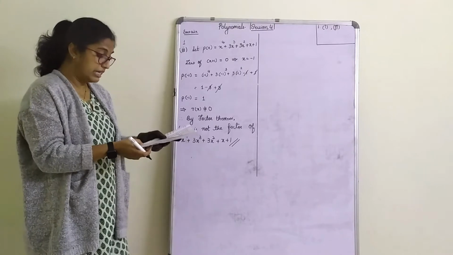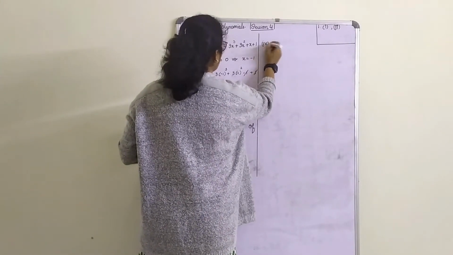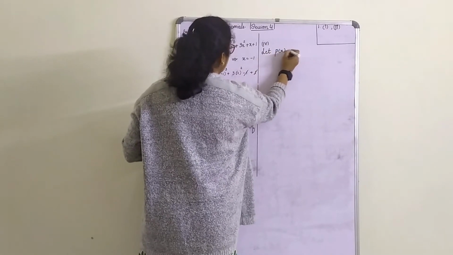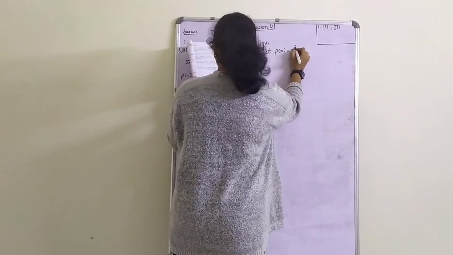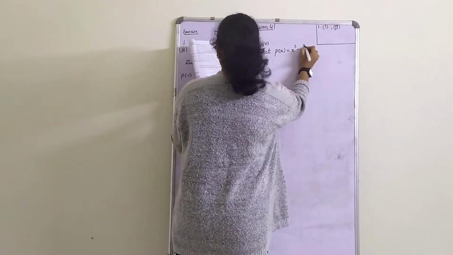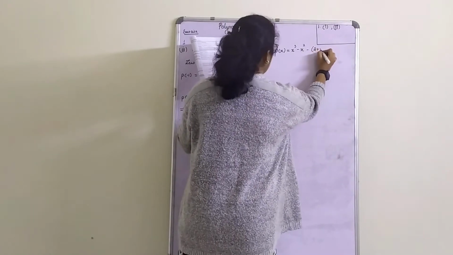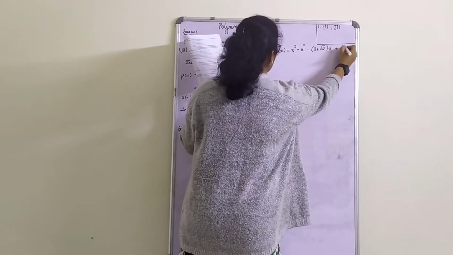Now similarly, let's check with the fourth one. So fourth one, what's the equation? Let p of x is equal to x cube minus x square minus 2 plus root 2 of x plus root 2.